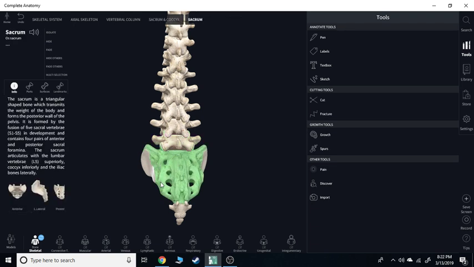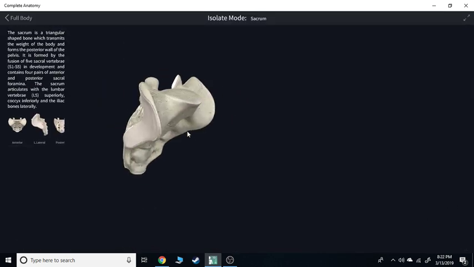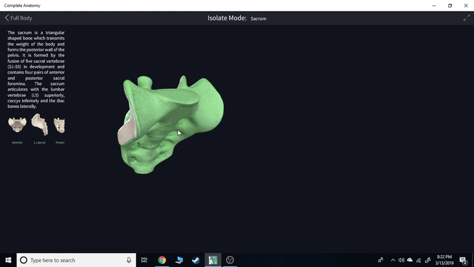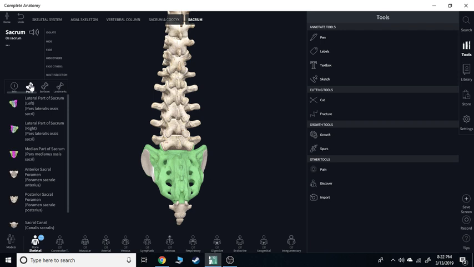Below the lumbar vertebrae is the sacrum, the fused vertebrae here. Now, the sacrum is made of 5 fused vertebrae and shapes the posterior wall of the pelvis. We'll go over the parts. Just one second.